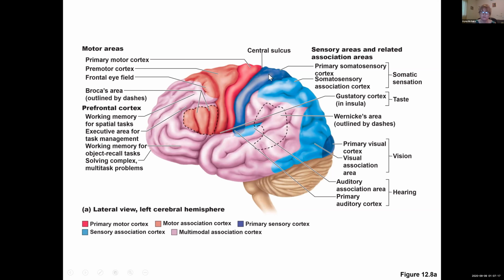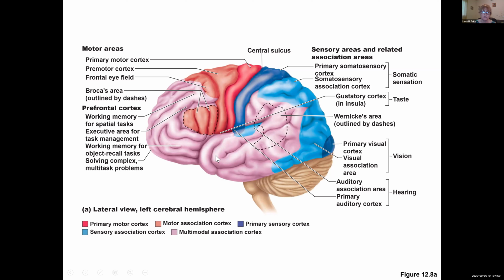Also over here is the primary visual cortex on the occipital lobe. We have the primary motor, primary somatosensory, and primary auditory cortex, everything in dark blue, and the primary visual cortex, that's our sensory area. Light blue is the sensory association area. Light red is the premotor cortex, or motor association area.